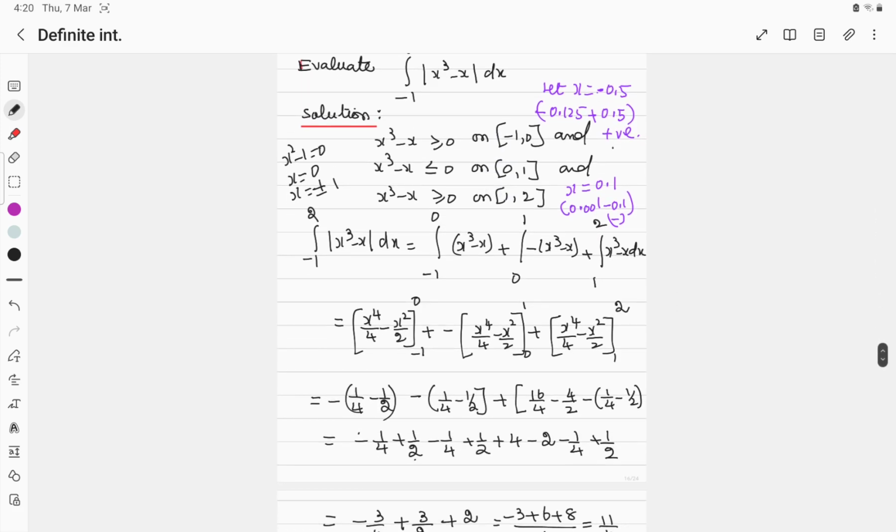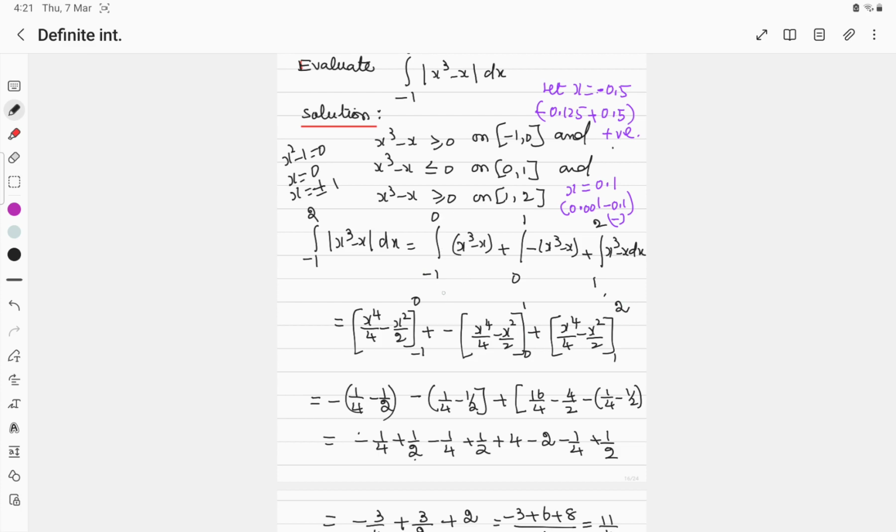Therefore, the integral from minus 1 to 2 of the absolute value of x cube minus x dx becomes the integral from minus 1 to 0 of (x cube minus x), plus the integral from 0 to 1 of negative of (x cube minus x), plus the integral from 1 to 2 of (x cube minus x) dx. And integration of x cube is equal to x power 4 by 4, of x is equal to x square by 2.